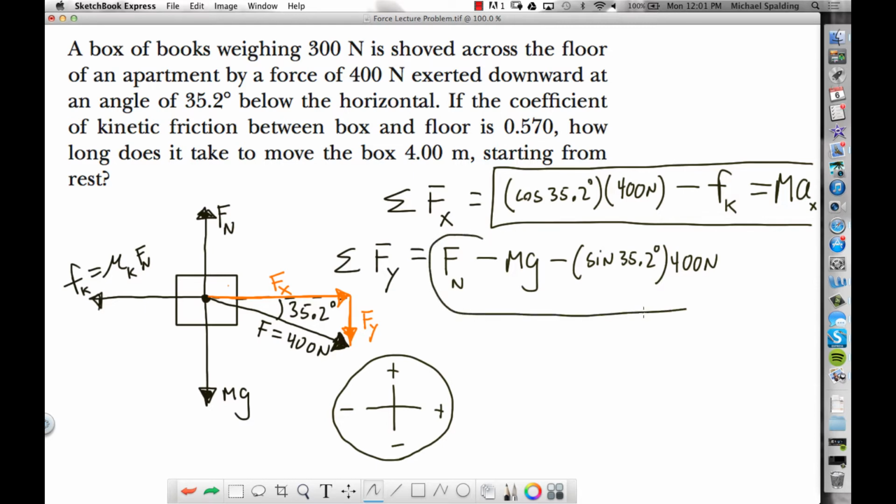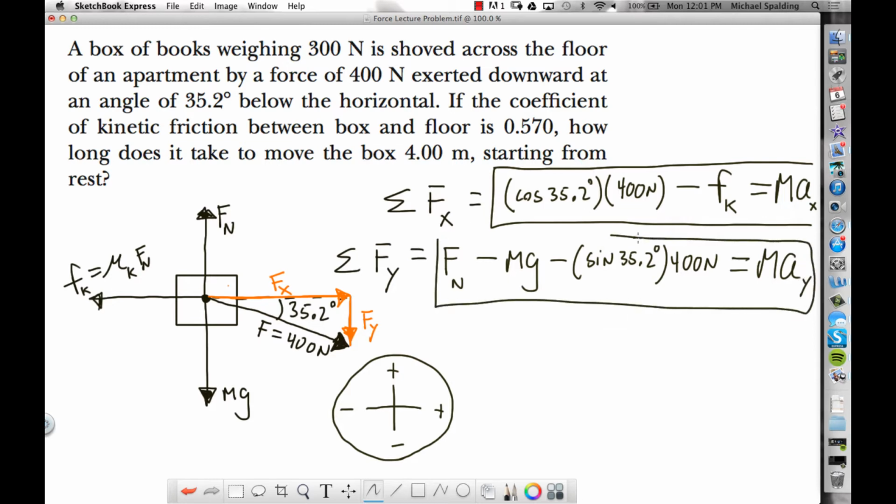What did I just do right here? I summed the forces. What will the sum of the forces always be equal to? ma, where that's a y acceleration. Okay? Now, will this box of books accelerate in the vertical?